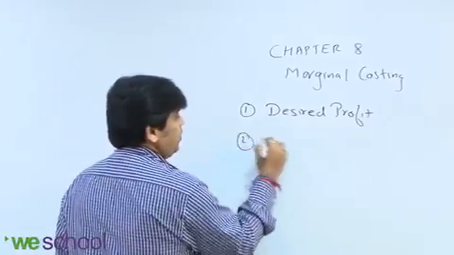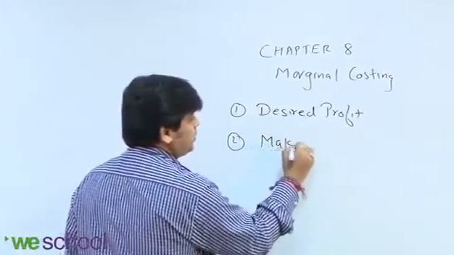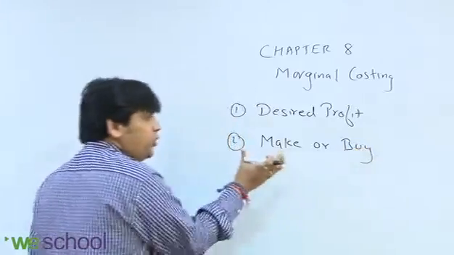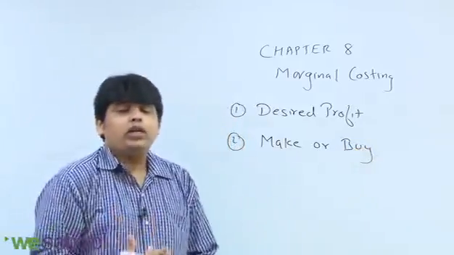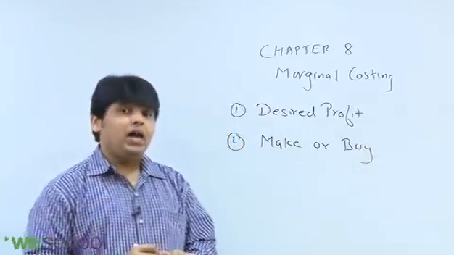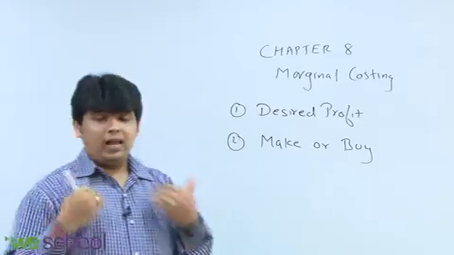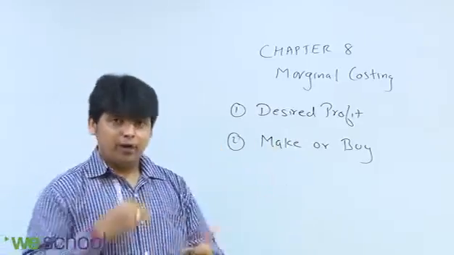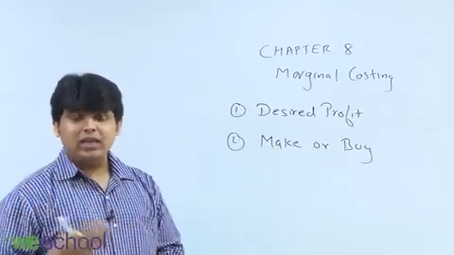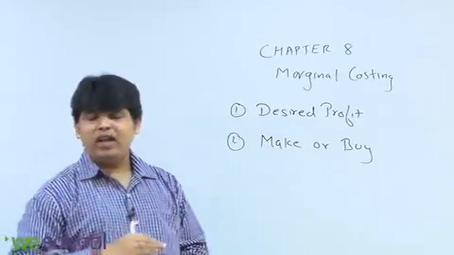Second, whether to make or buy. Make means whether to produce. Suppose I want a raw material for my final output. Take an example: I am producing ball bearings, and at the same time I am producing fans. Table fan, ceiling fan, exhaust fan, every kind of fan.